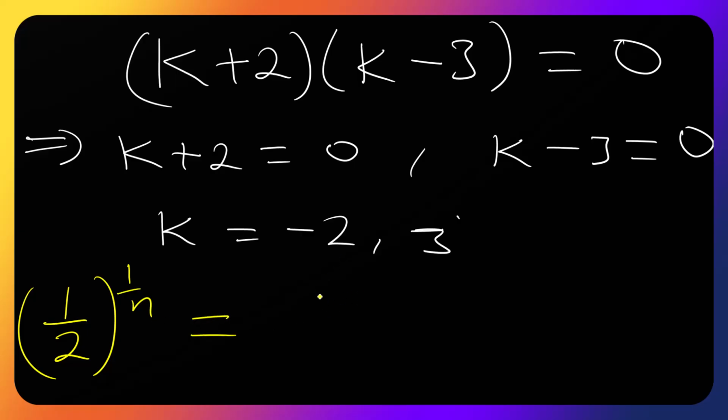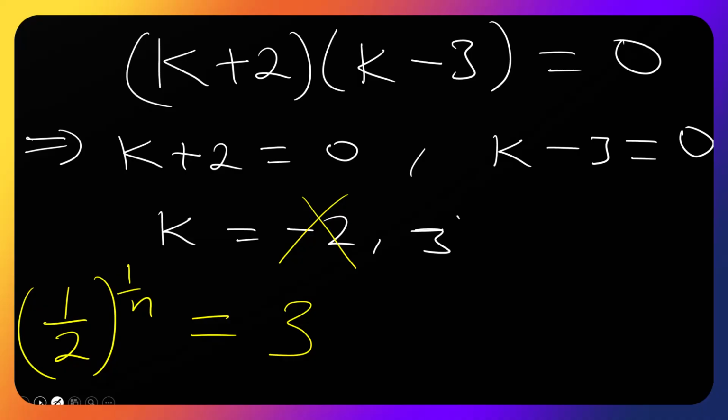So the first answer for k is minus 2. Now if I put minus 2 here and I take log on both sides, because of the negative, it won't work. So this one is out. Now let's proceed with the positive value of k. If I put 3 here, I think that will work.